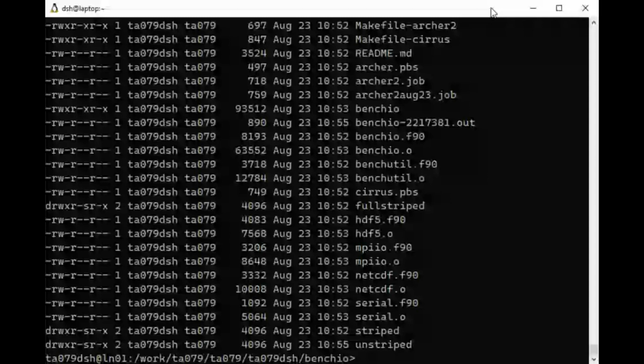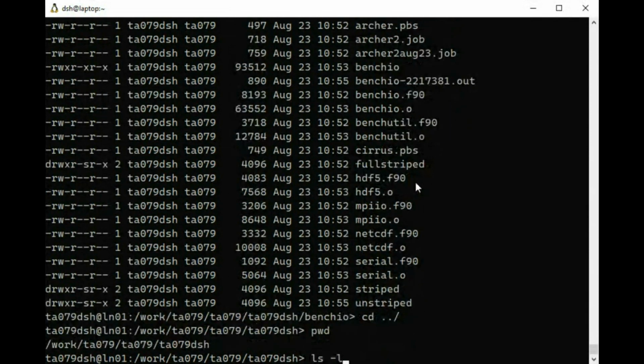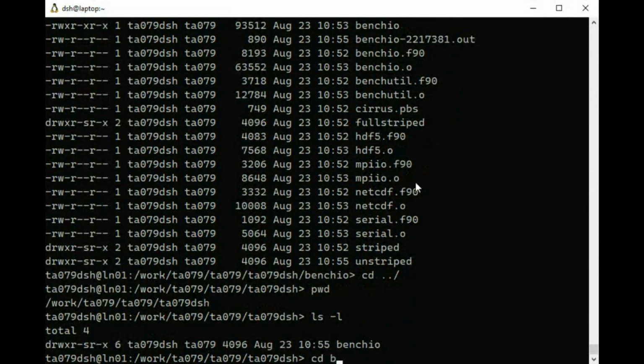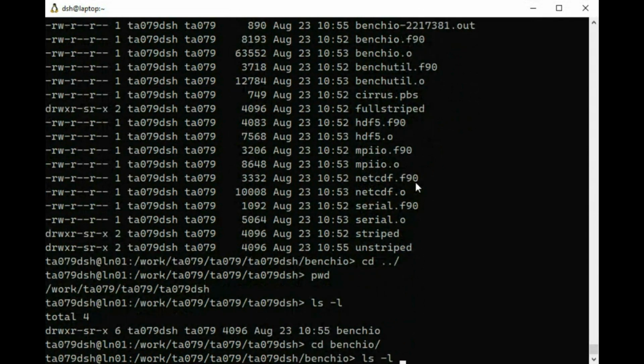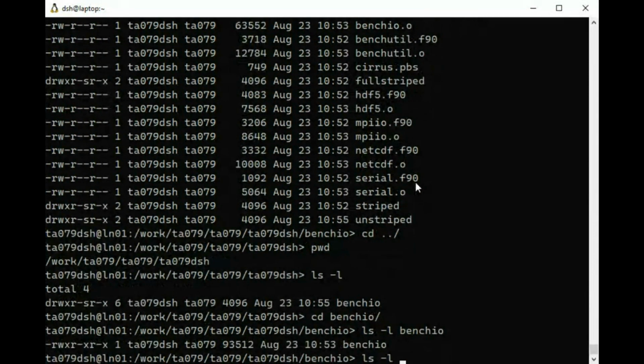That's my window on ARCHER2, okay? So if I do ls -l, there's bench.io and the executable, let's say bench.io.f90.